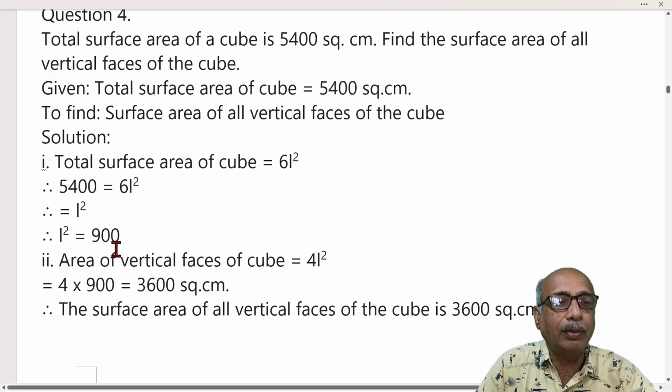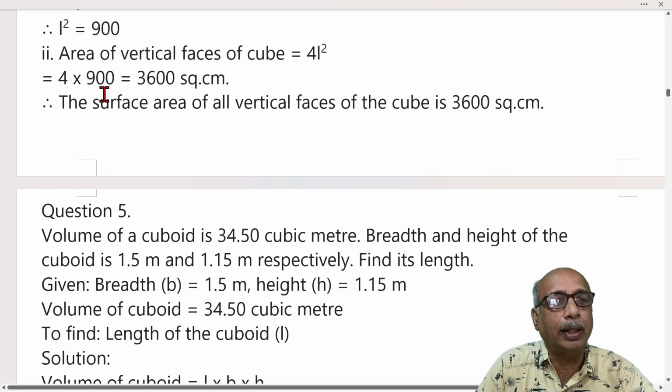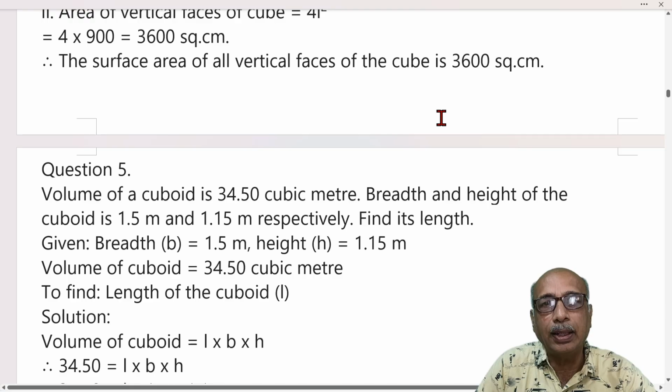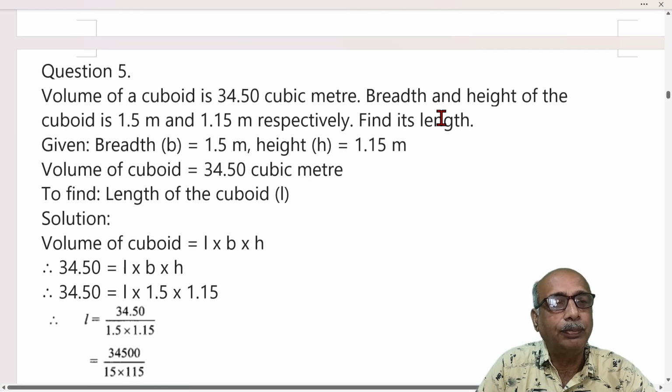Therefore L square equals 900. Area of vertical faces of cube equals 4L square. So 4 into L square. L square value you have calculated as 900, equals 3600 square centimeter. So surface area of all vertical faces of cube is 3600 square centimeter.